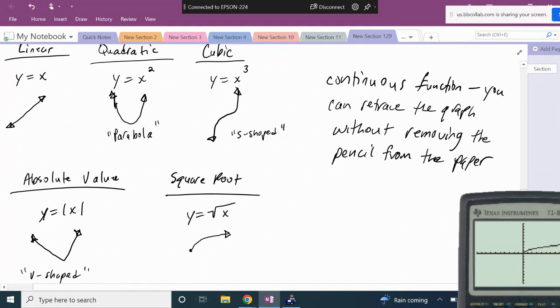So for each one of these graphs, you can put your pencil on the graph and trace the entire graph without removing the pencil from the paper.